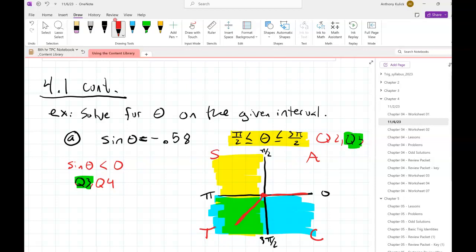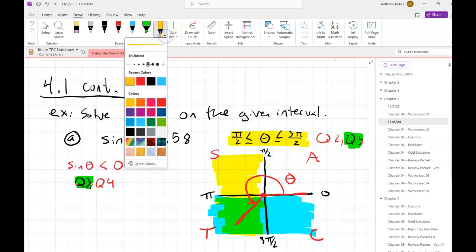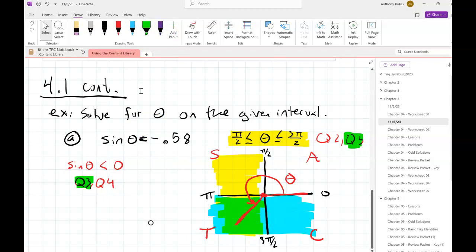Wherever you want to stick it, just stick it in there somewhere. So this would be my angle theta. Everybody's so far so good? I'm now going to introduce another angle that we're going to refer to as alpha, which is going to go right there.